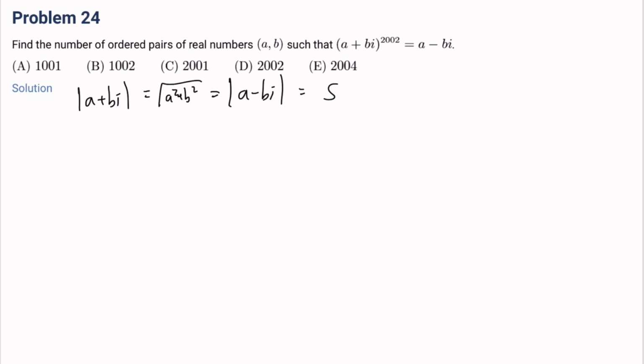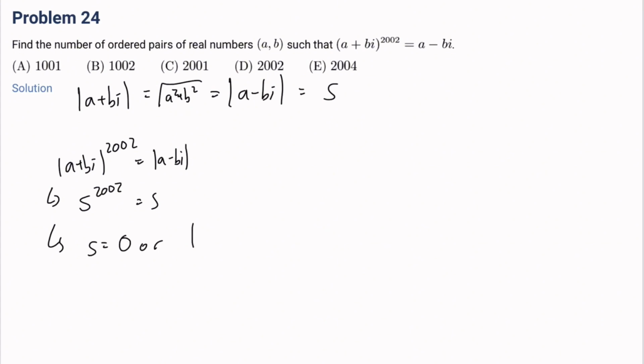Then the magnitude of this will be equal to the magnitude of that, right? And so that means the magnitude of a plus bi to the 2002nd power is equal to the magnitude of a minus bi. And so that means s to the 2002nd power is equal to s. So that means s equals 0 or 1, right? Because s has to be a real number.